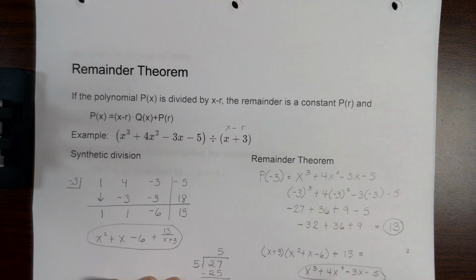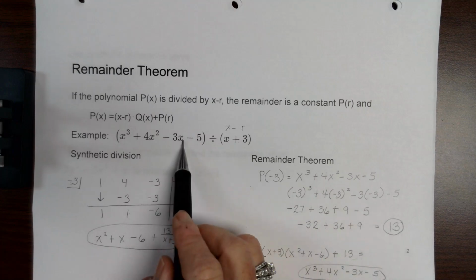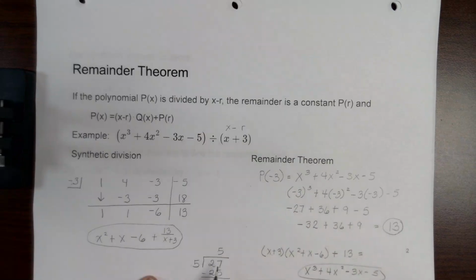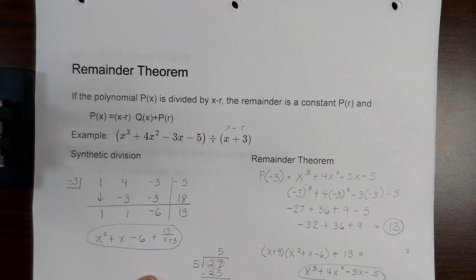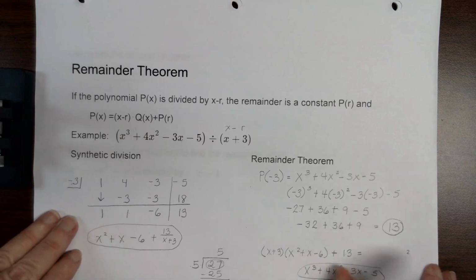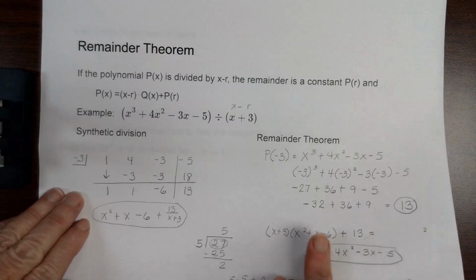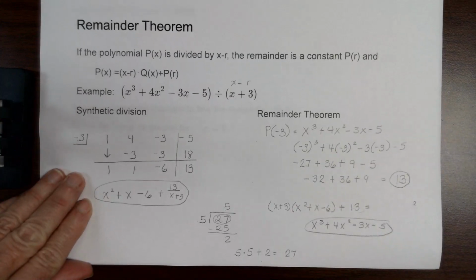You go this times this, which is the same thing as multiplying this times this, and then you add the remainder, and that gives you the original polynomial, which is what you're dividing into, just like the 27 is what you're dividing into. So you've got the principle behind this, and you've had that for years. Make sure you can see the whole page here.